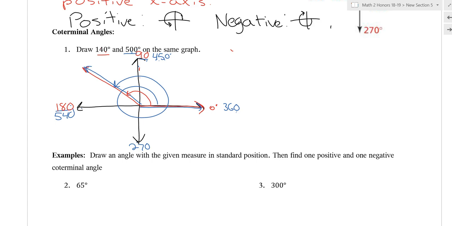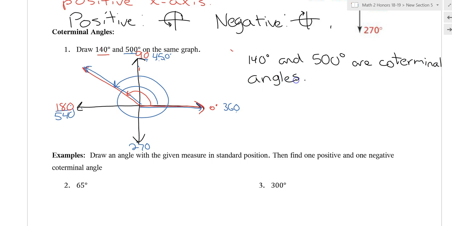So what we notice is these end at the same place. So what we say is 140 degrees and 500 degrees are coterminal angles, because they have the same terminal side.